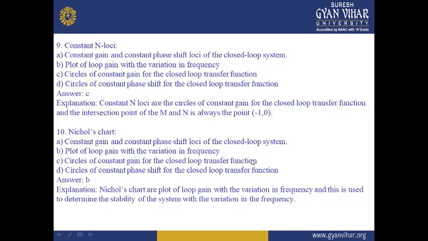The correct answer is B, because the Nichols chart are the plots of loop gain with a variation in frequency, and this is used to determine the stability of the system with the variation in the frequency. So with the help of these, we can identify the different Nichols chart formulas.